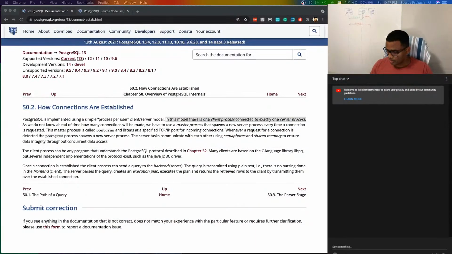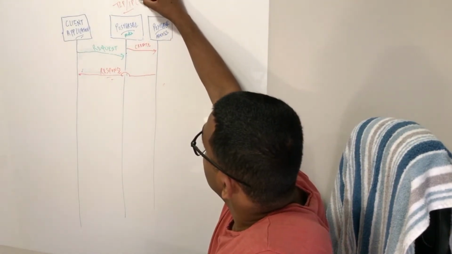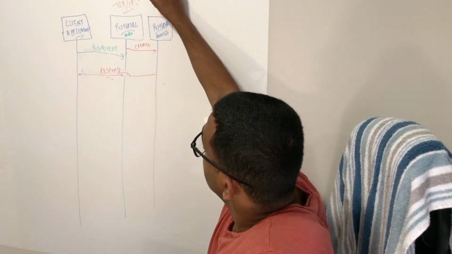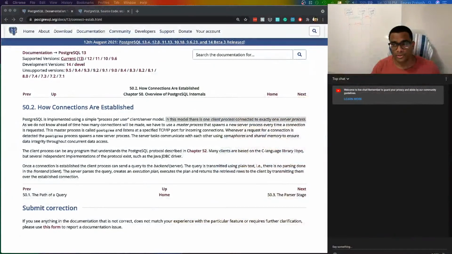So yeah, Postgres is using the TCP/IP protocol, and the port is 5432. Sounds good? Okay.